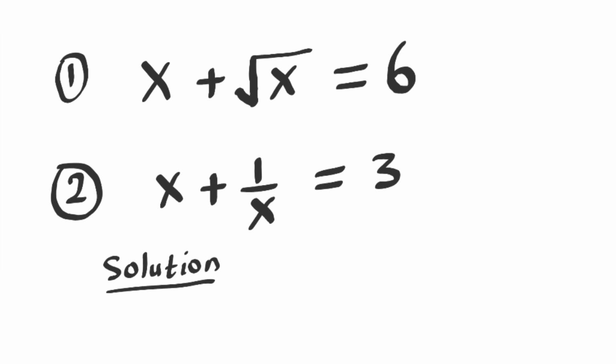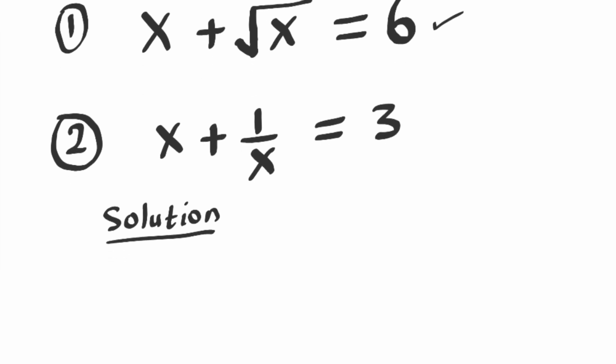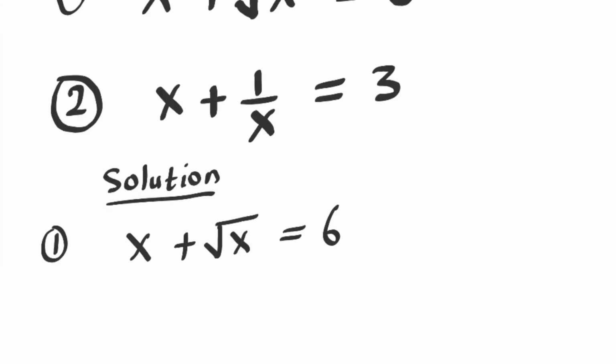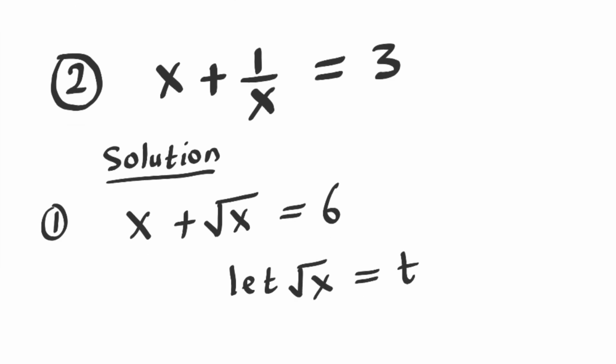Let us start with the first one here. We have the first equation, s plus square root of s is equal to 6. Now from here, we let square root of s is equal to t.